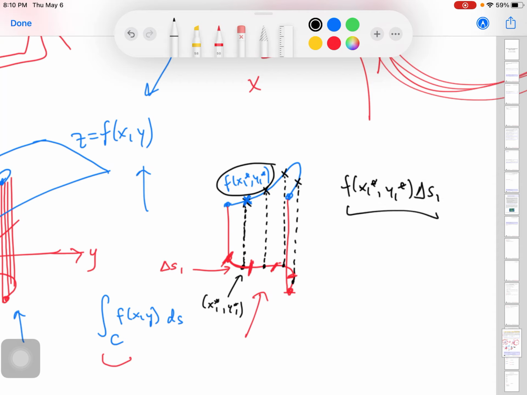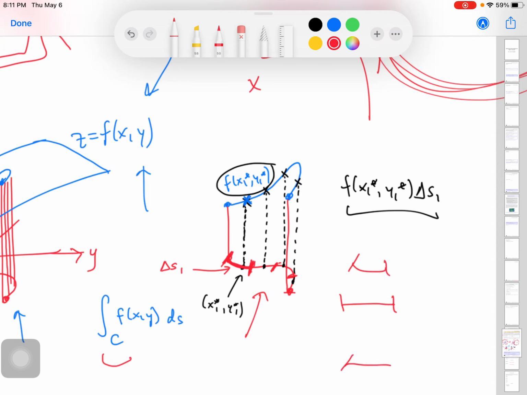This starts looking kind of like the area of a rectangle. It's not exactly the area of a rectangle because this little delta S1 here is a small curve, it's a little arc. But we can take this arc and we can kind of stretch it out.